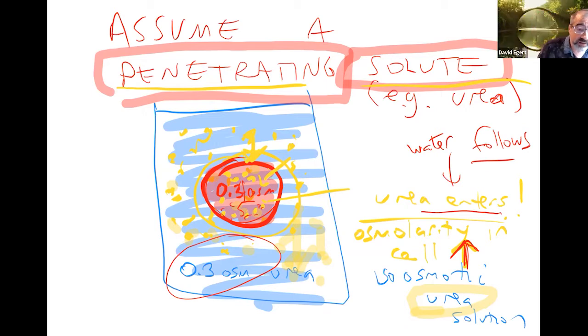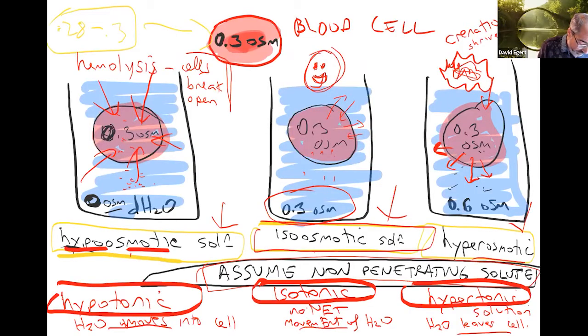So this is an isoosmotic solution. What is it in terms of tonicity? If water enters the cell, what do we call that? Hypotonic. Yeah, exactly. So remember, hypotonic if water enters the cell. So here we get this kind of fascinating thing.